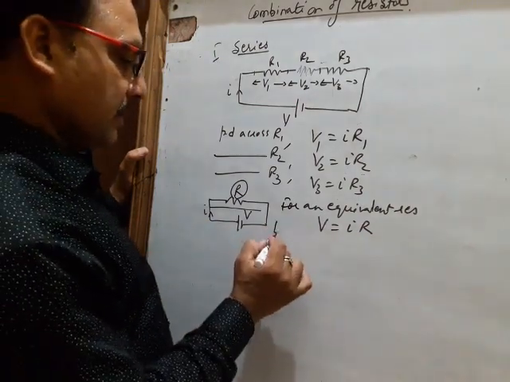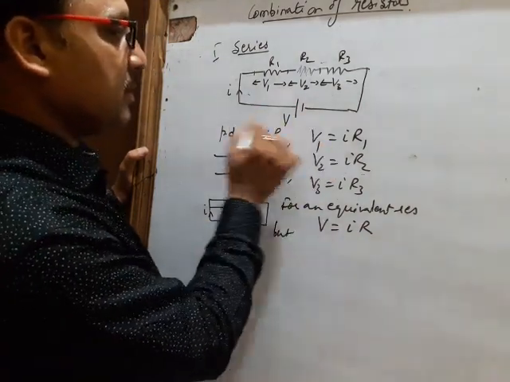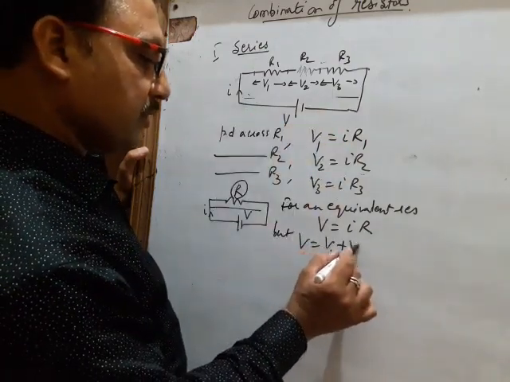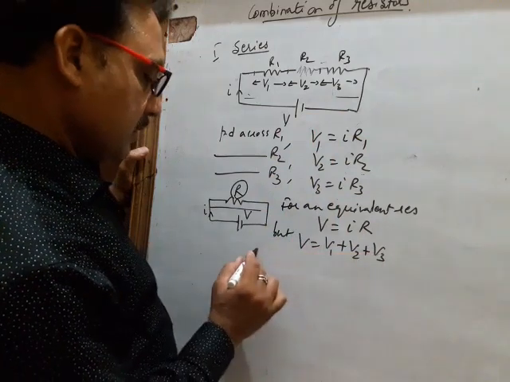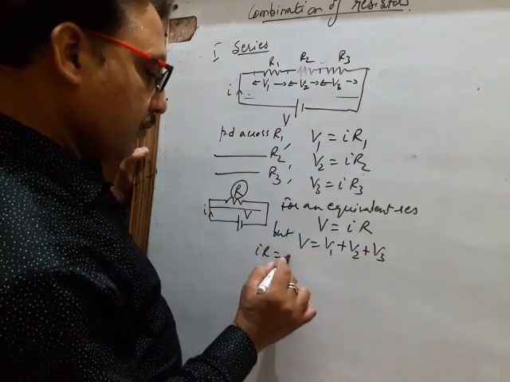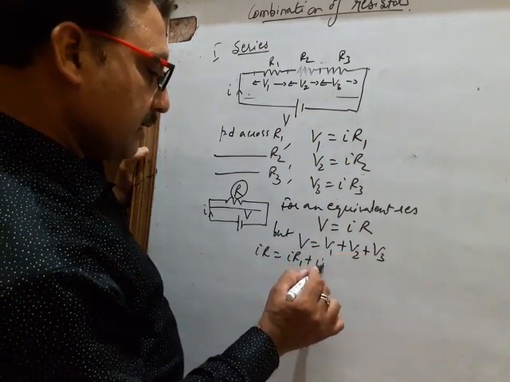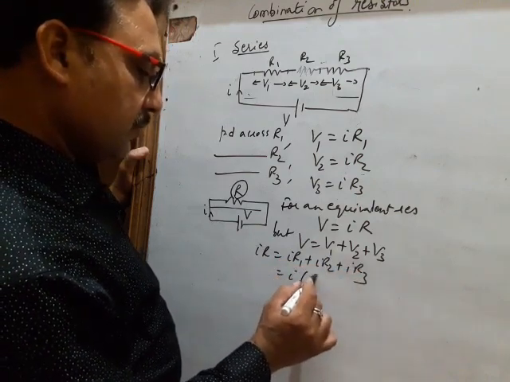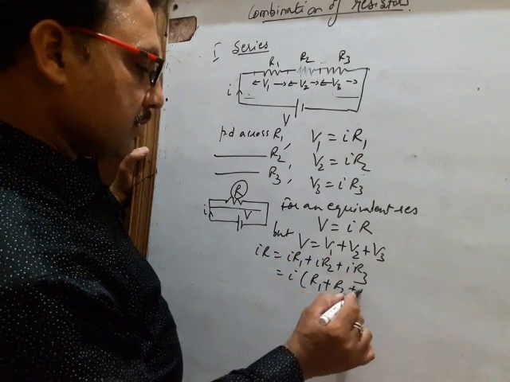Okay, but what is V? You see, V equal to V1 plus V2 plus V3. So IR equal to IR1 plus IR2 plus IR3. So I times R1 plus R2 plus R3.